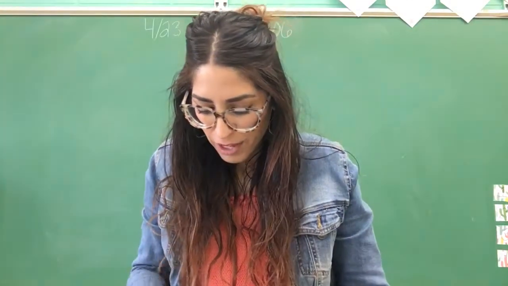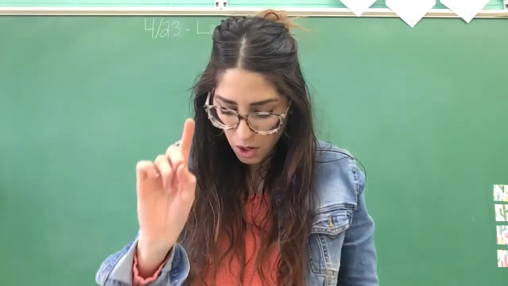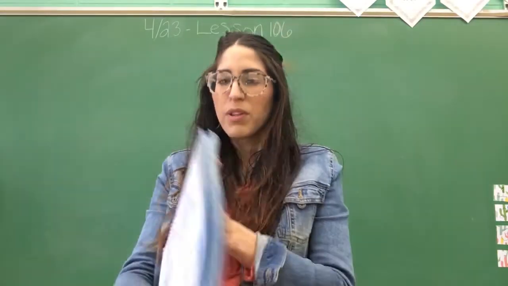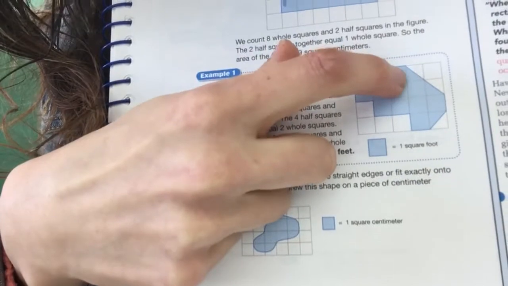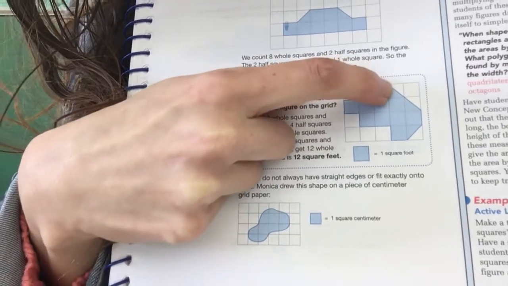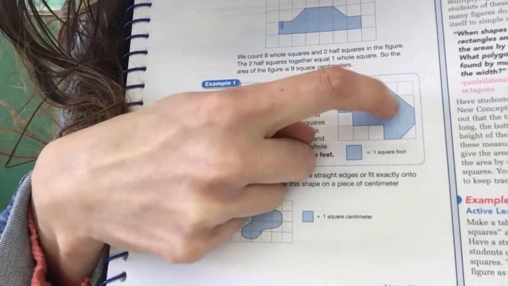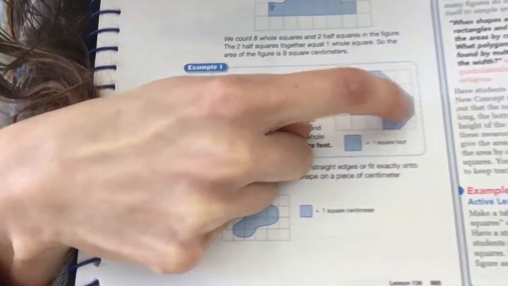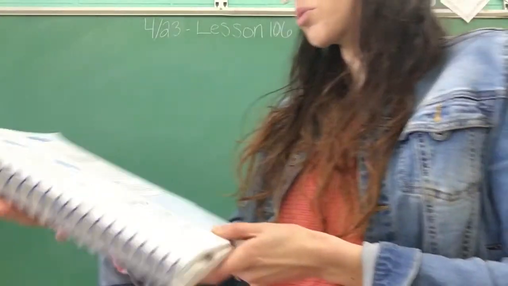Okay, I hope you guys are understanding that so far. If we put that one and that one together, that'll be 1 full square. If we put that one and that one together, those 2 half squares will become 1 full square. So that's 2 whole squares.